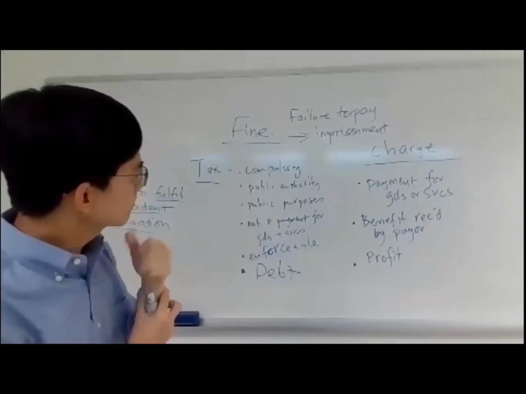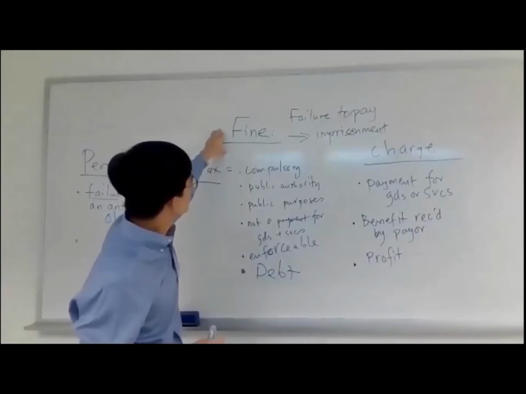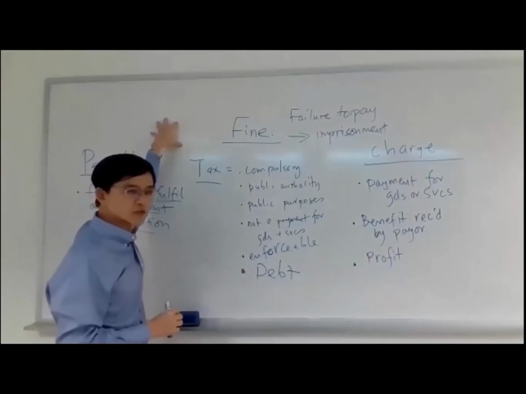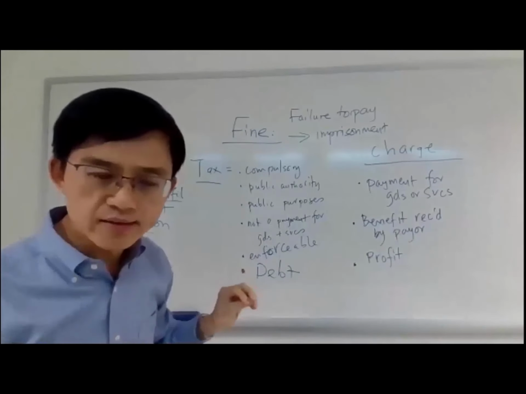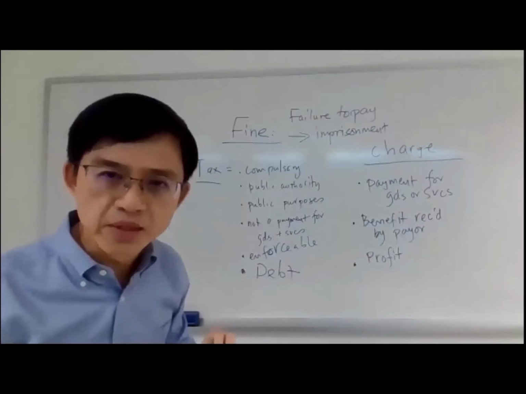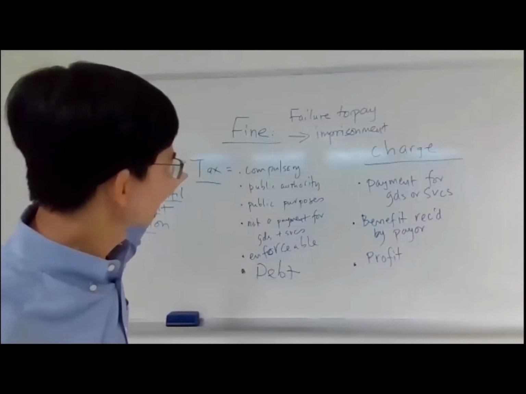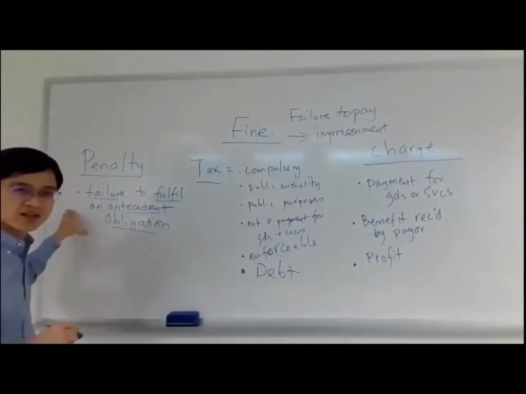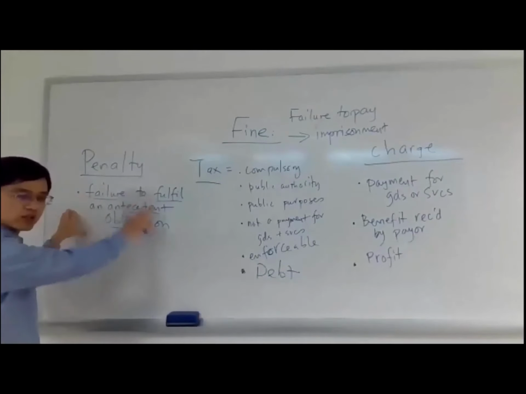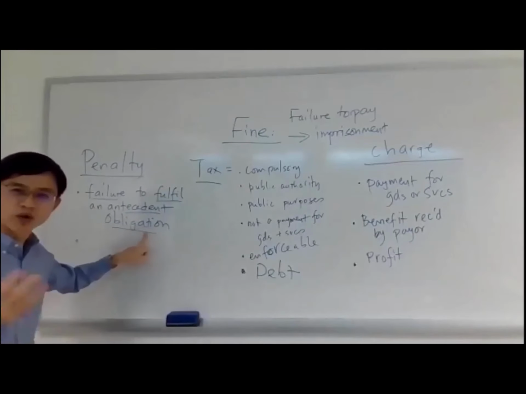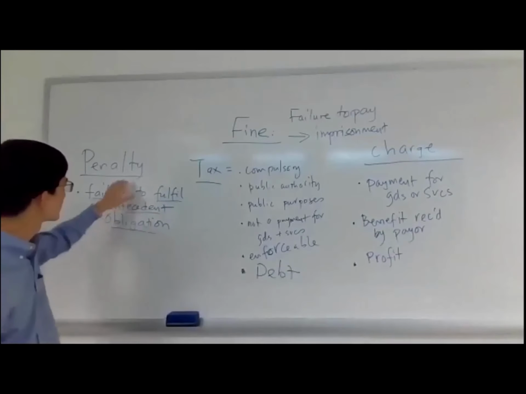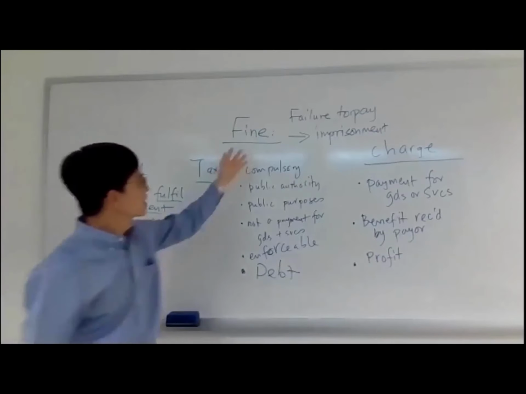So with a fine, usually the behavior is because of conduct that attracts criminal liability. You are fined. Conduct that attracts civil liability, that means the failure to pay on time an antecedent contractual obligation or statutory obligation, you pay a penalty.